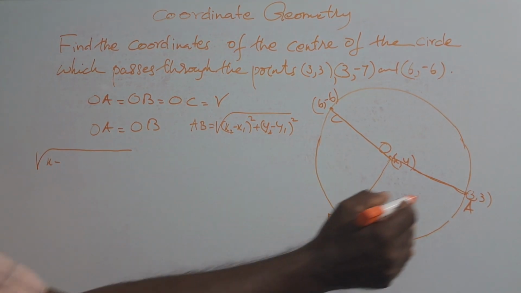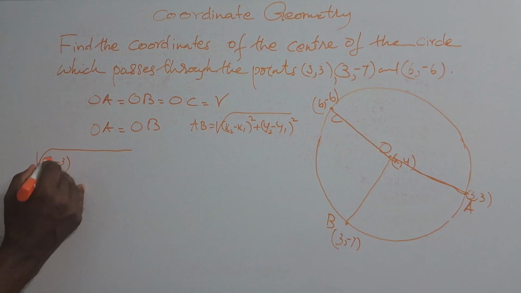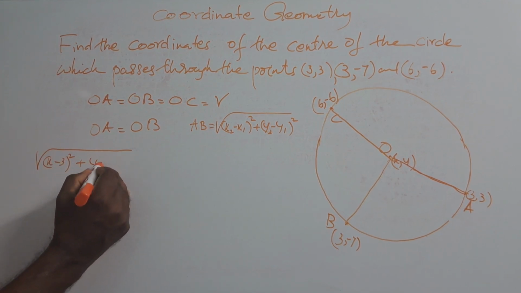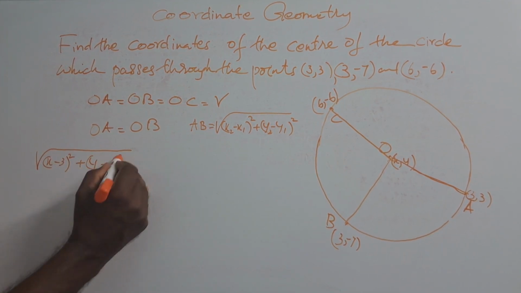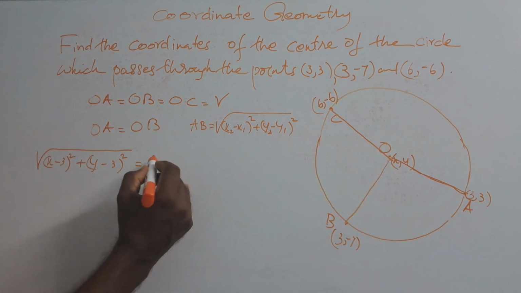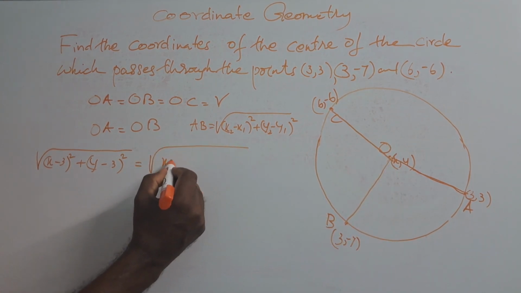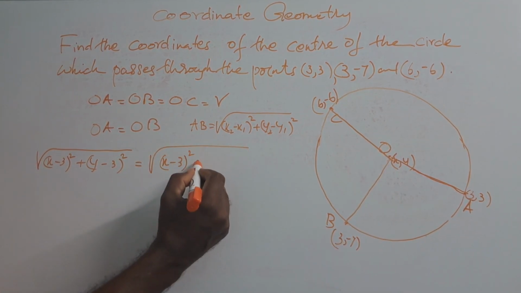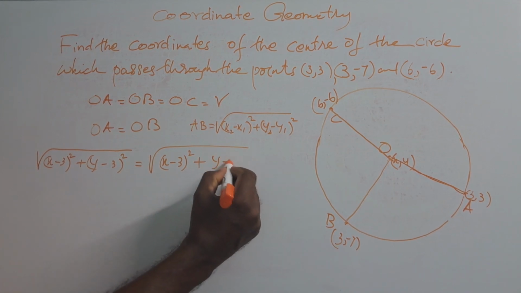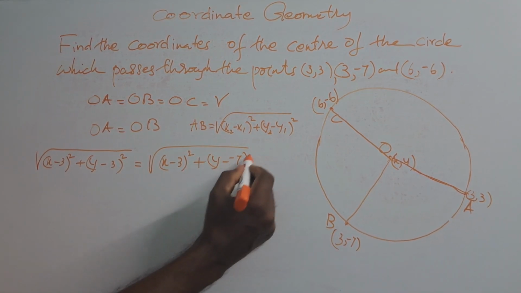Here, root of (x minus 3) the whole square plus (y minus 3) the whole square is equal to root of (x minus 3) the whole square plus (y minus 7) the whole square.